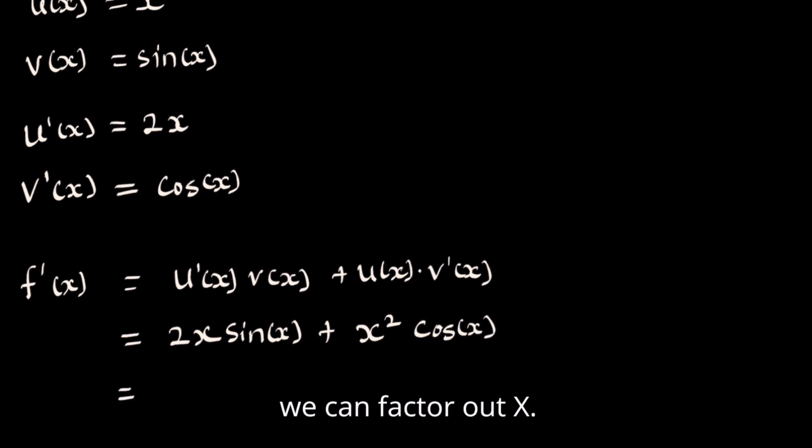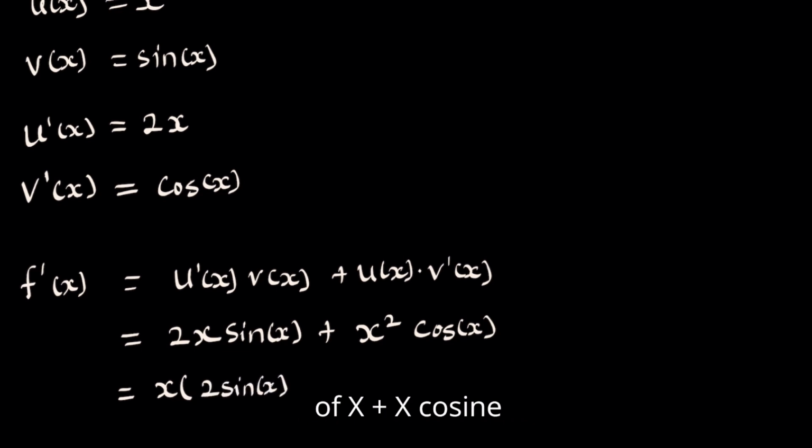You can factor out x in these two terms, so that's x times 2 sine of x plus x cosine of x. So this is the derivative of f of x.